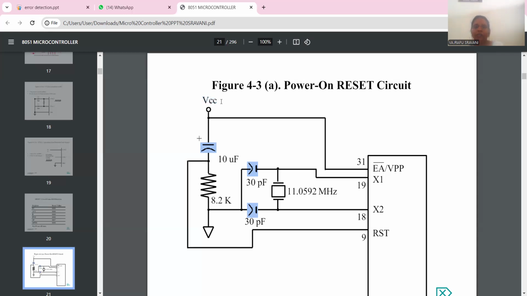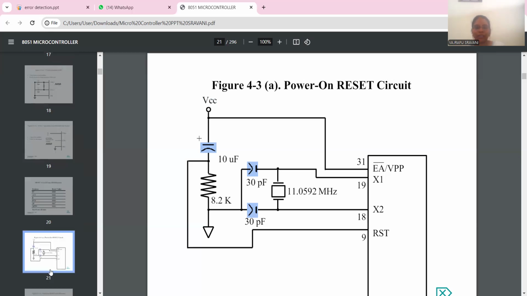Whenever the capacitor starts charging, at this dot point the voltage difference will occur. Through the resistor, the full current will flow to the ground. As the capacitor charges, the VCC voltage will be available at the reset. In this manner, the power on reset circuit will work.